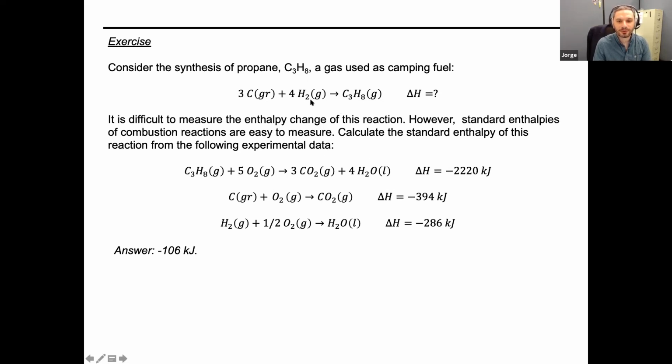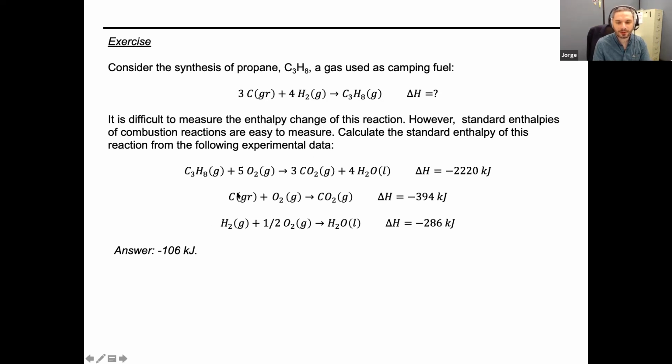Let's look at hydrogen. Hydrogen shows up on the left side. The only reaction that shows hydrogen is the third one, and it is on the left side already. Let's keep this reaction as it is for now.